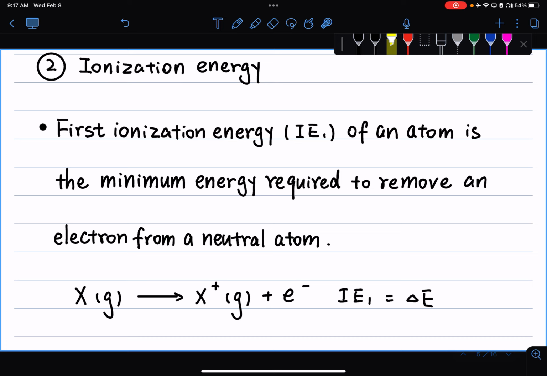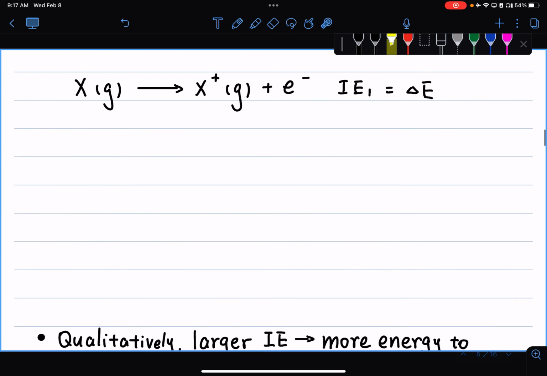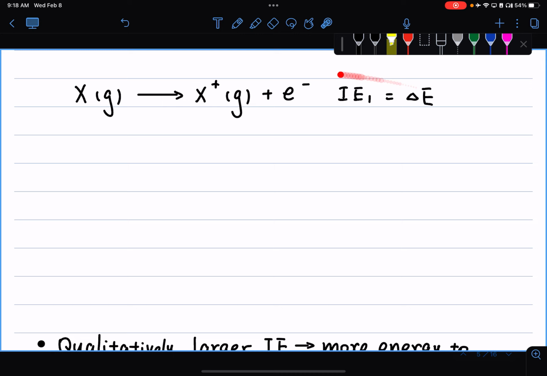Or the other way to put it is this is the chemical equation we're caring about. This is my reactant, which is some gas phase atom. This is our product. We're forming a cation in gas phase and a free electron. So the first ionization energy is defined by the delta E of this reaction.